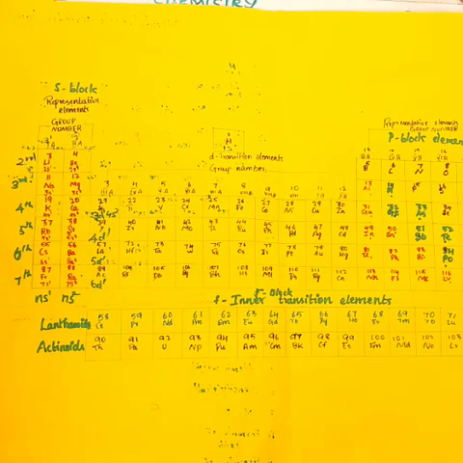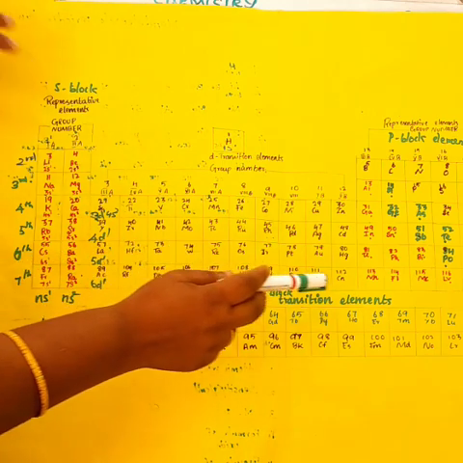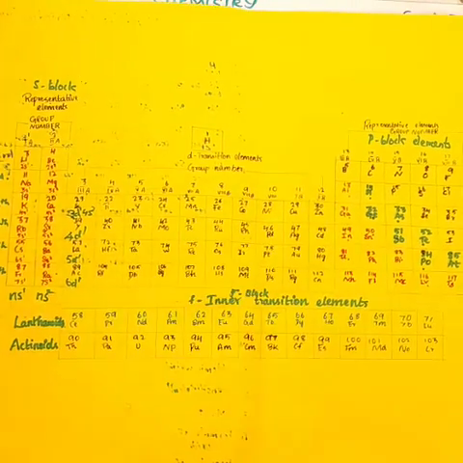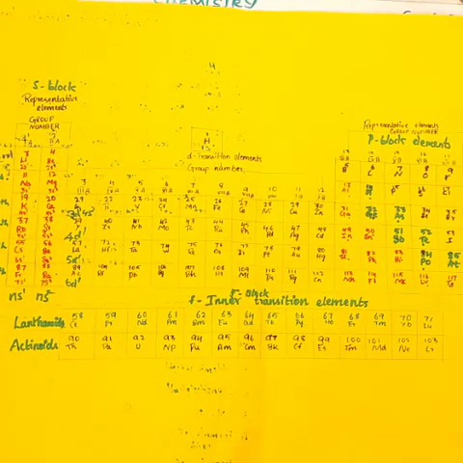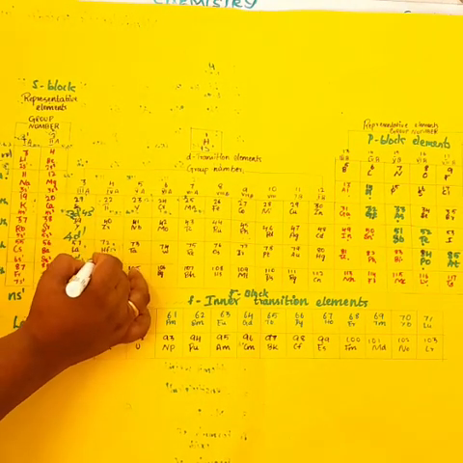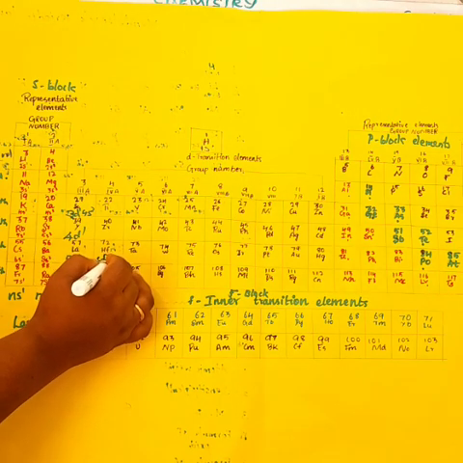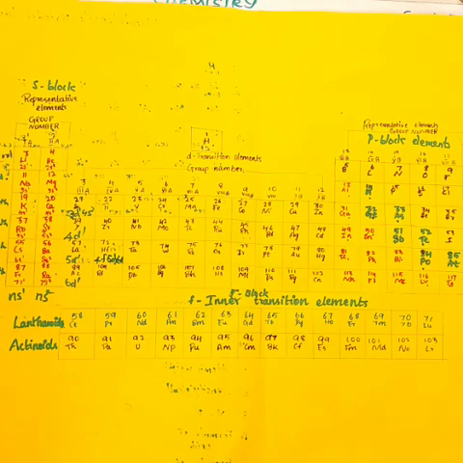It starts from 6s1 and ends with 6p6. The middle orbitals are 4f, 5d and 6p. Totally 32 elements are there in the sixth period.